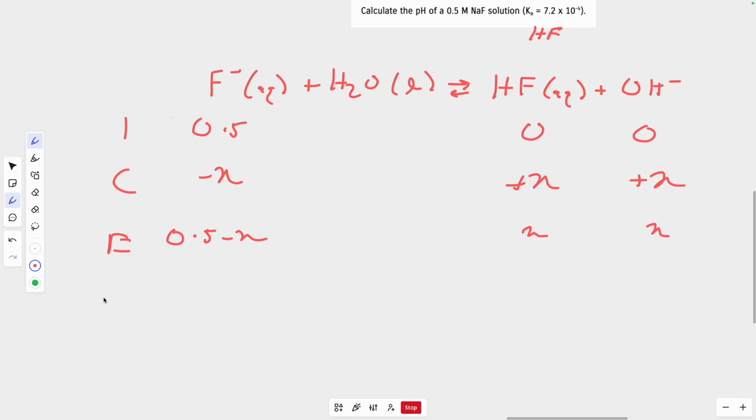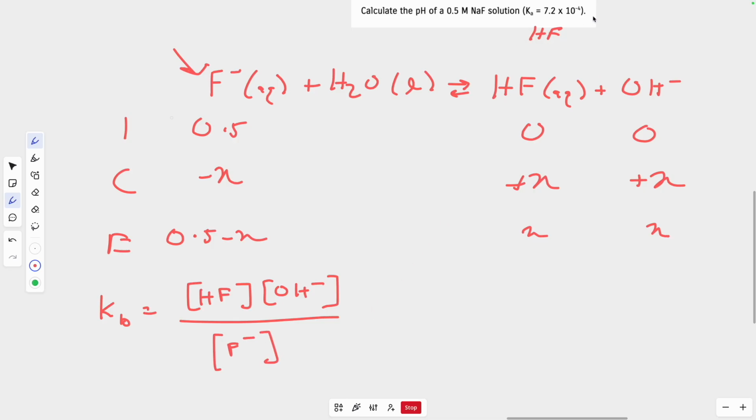So the Kb expression, right? Because we're dealing with the base here. This is a base because it's accepting an H plus from water. So the Kb expression is going to be HF times OH minus over F minus.